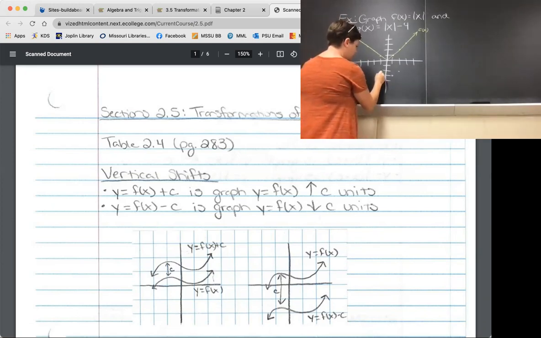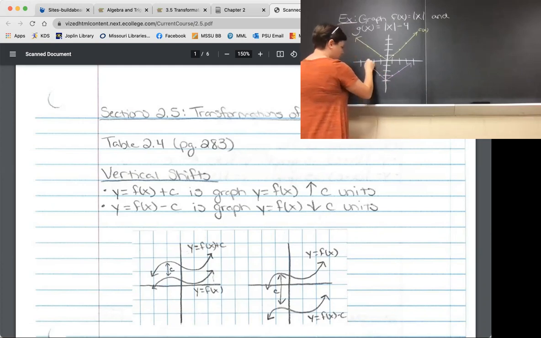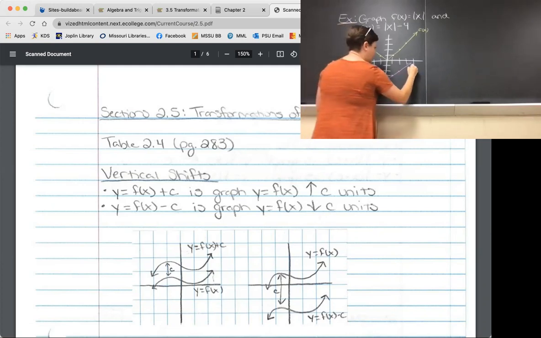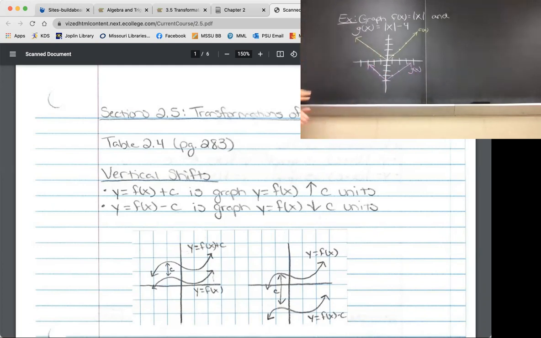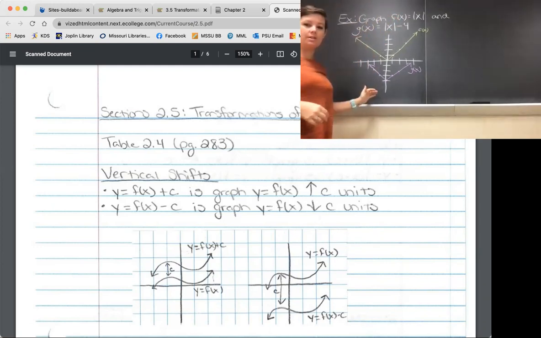That's how I'm doing my vertical shifts. You're changing your y values. And then the purple is my g of x. If it had said plus 4, then I would have gone up 4 and had a different v up here instead of going down 4.